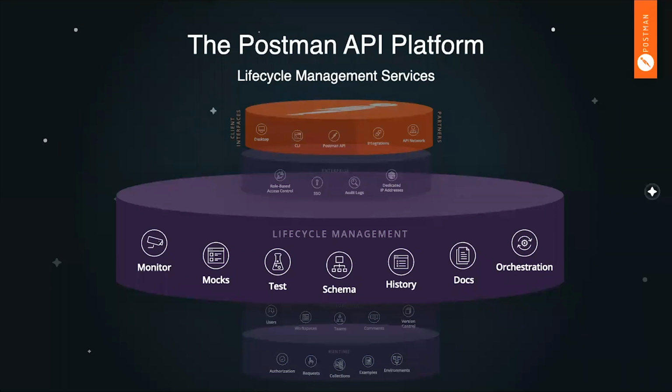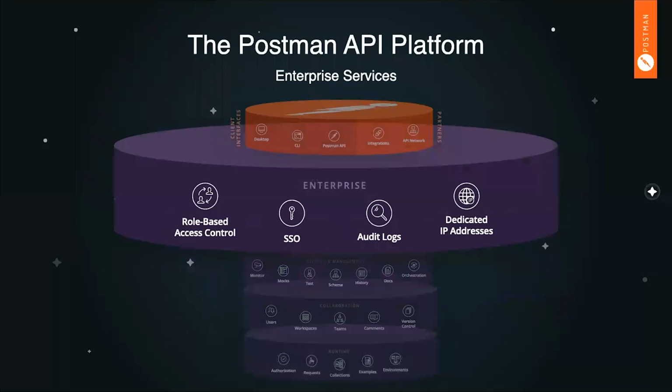And then, because everything's defined as a machine readable collection, it can be run with a monitor, it can be run with a runner, it can be run with Newman as part of a pipeline, really making anything that you define as part of Postman orchestratable within Postman, on the Postman platform, and across your own infrastructure, so that it can be automated and orchestrated in many different ways.